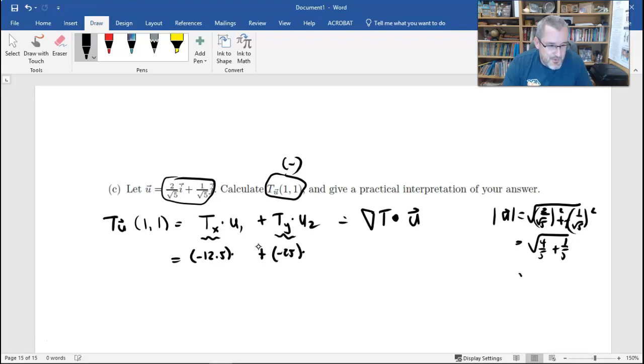Look at that. 4/5 and 1/5 is 5/5, which is 1. Square root of 1 is 1. Yep, it's a unit vector. Good to go. So 2 over the square root of 5, 1 over the square root of 5. Now look, negative times a positive is a negative, plus negative times a positive is a negative. So as expected, this thing is coming out to be negative.